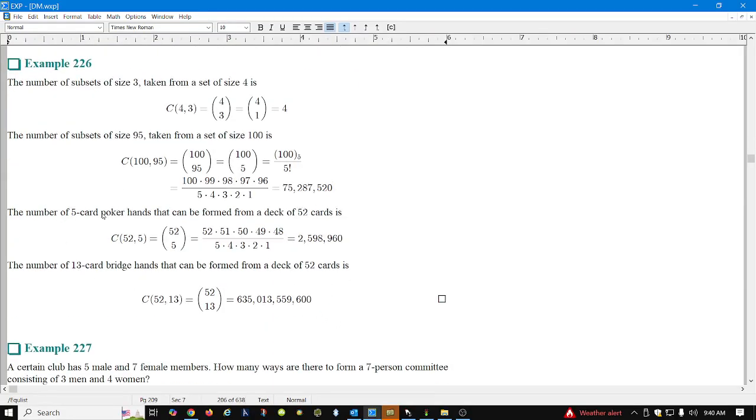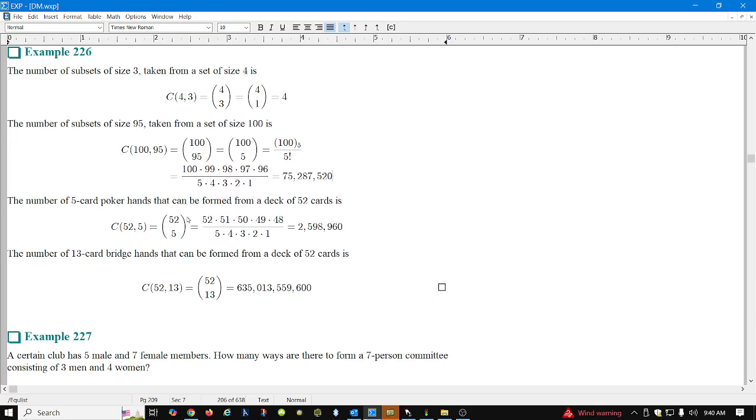The number of 5-card poker hands, always 5 cards, that can be formed from a deck of 52 cards is C 52 5, which is equal to 52 choose 5, which looks like this: 2,598,960 different poker hands.